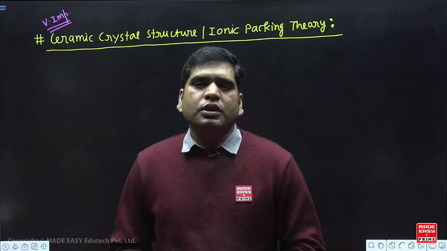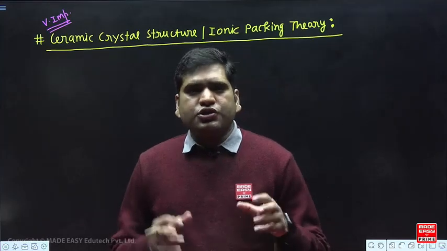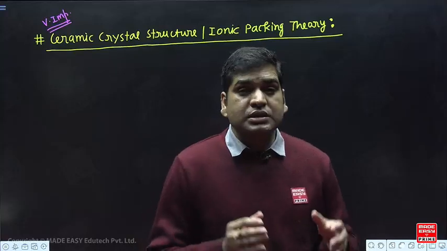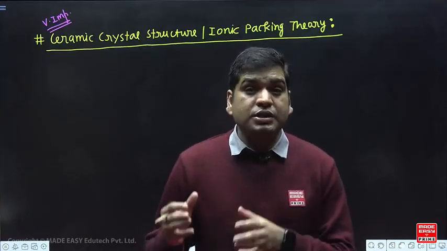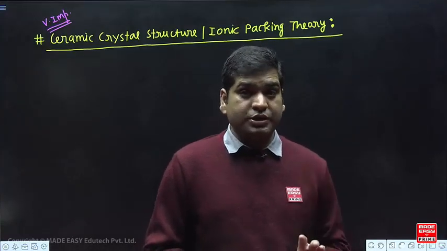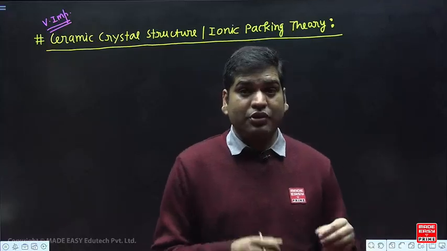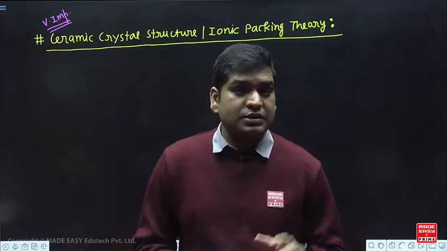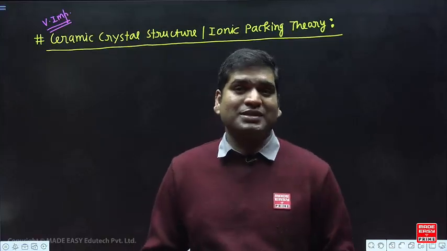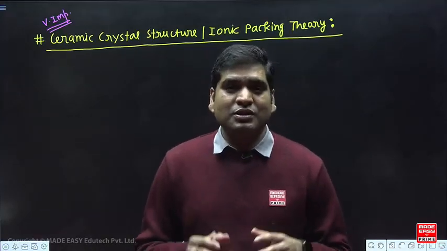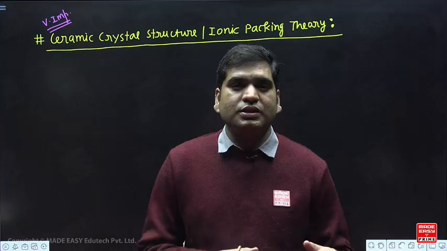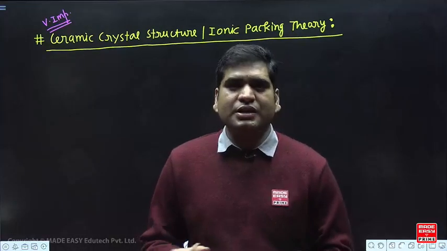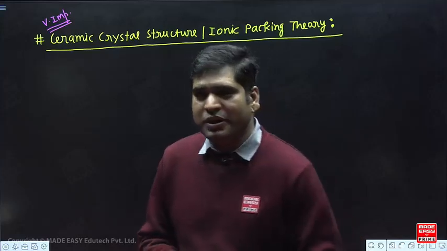Here we are taking a strong assumption: that these ions are hard and spherical. Maybe in real sense they are not exactly spherical, but we assume this for simplicity of analysis. This is the standard assumption. So let us first write these two things and then move forward.